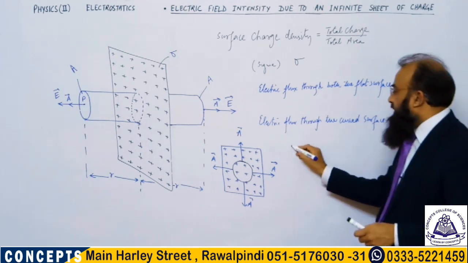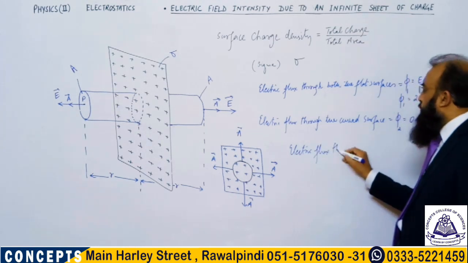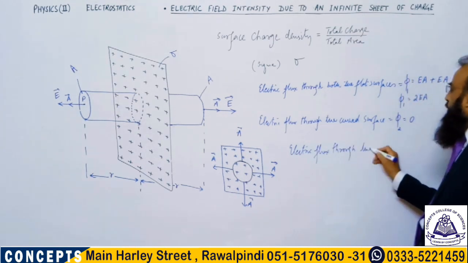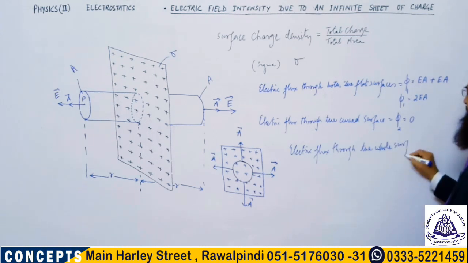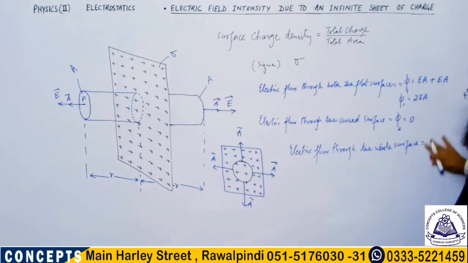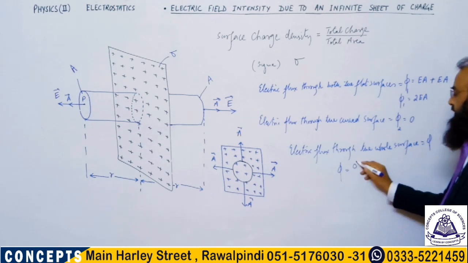So now we find the electric flux through the whole Gaussian surface. This is equal to phi, and phi is equal to phi 1 plus phi 2.